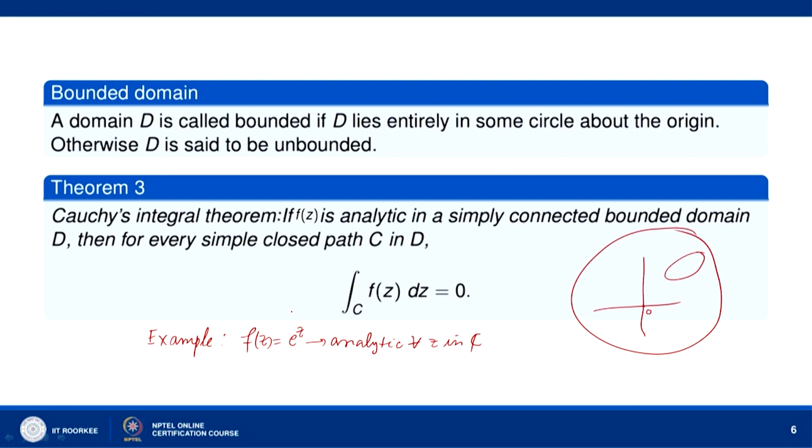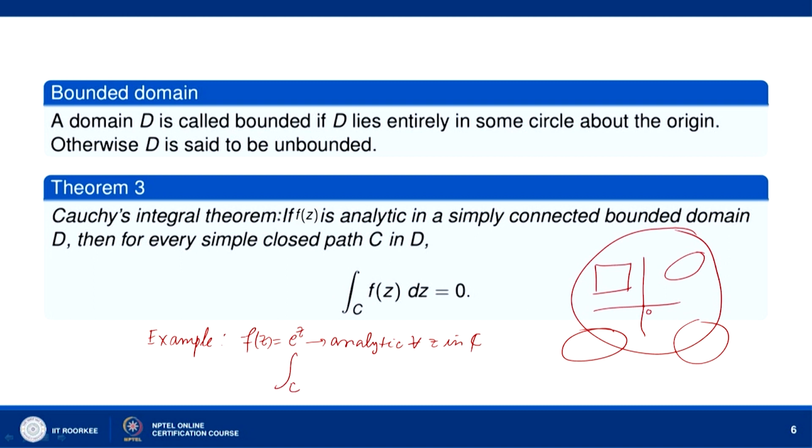So, the theorem says that you take any simple closed path in the complex plane, whether it is a circle or an ellipse, or you take a square or a rectangle, the integral of e to the power z along that path is equal to 0.